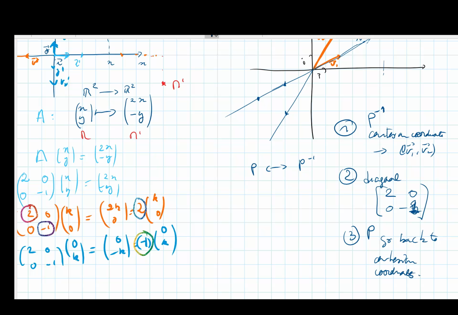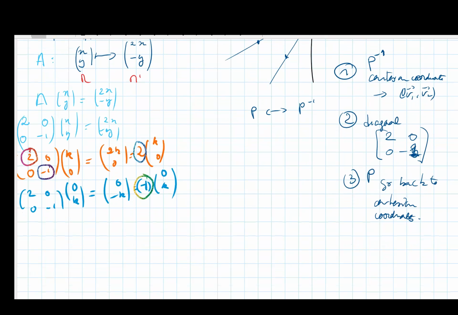So that's why, if I want the matrix corresponding to this transformation expressed using Cartesian coordinates, because this is what I have as descriptions of points in my plane, I will have to first apply P minus 1, then D, then P. This is basically what diagonalization is doing.